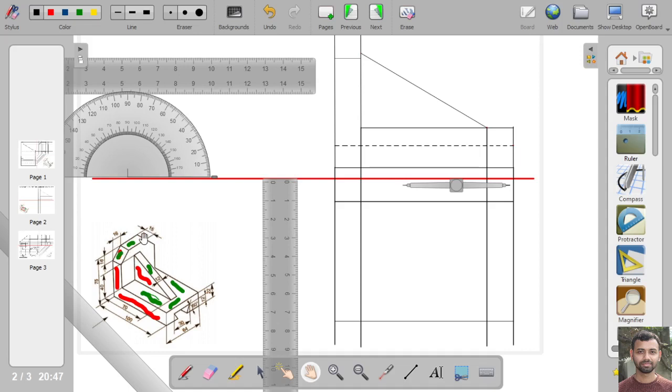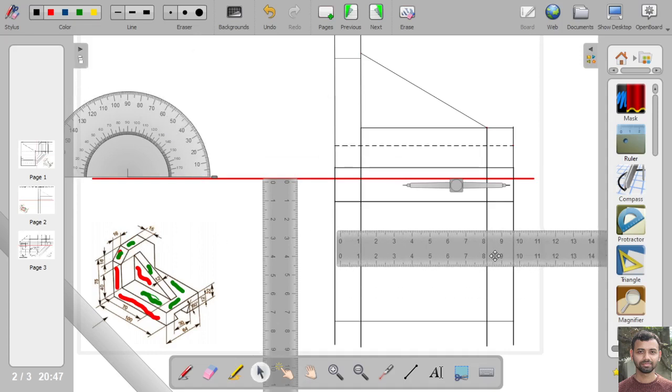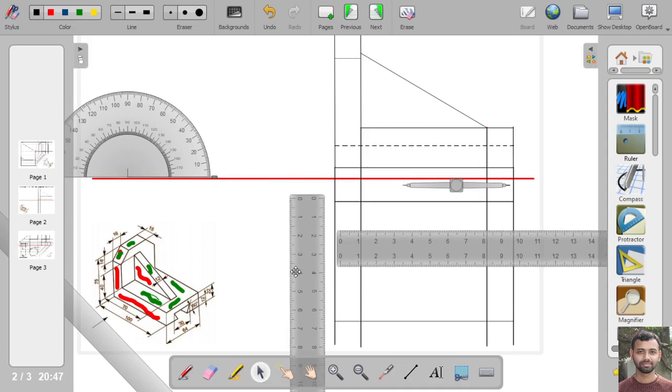Okay, so what are the values? From this edge it is 16 mm. Obviously that means from this edge also it will be 16 mm. So from this edge it will be at a distance of 16 mm.